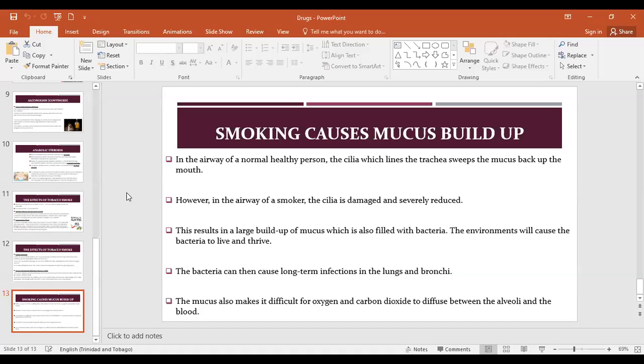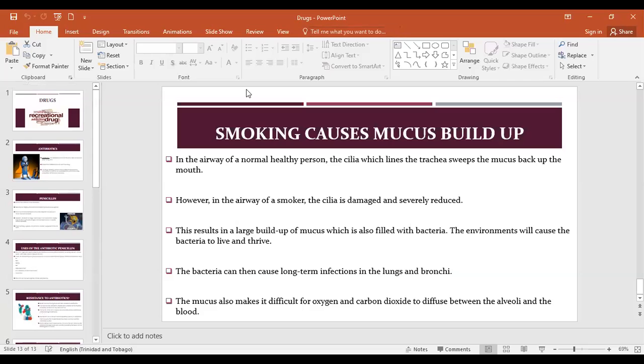Right? So it will be difficult for oxygen and carbon dioxide to diffuse between the alveoli and the blood in your capillaries. And then you will have problems breathing. And that is how you could eventually end up living on a respirator for the rest of your life. All right? Okay, so that is our little discussion on drugs.